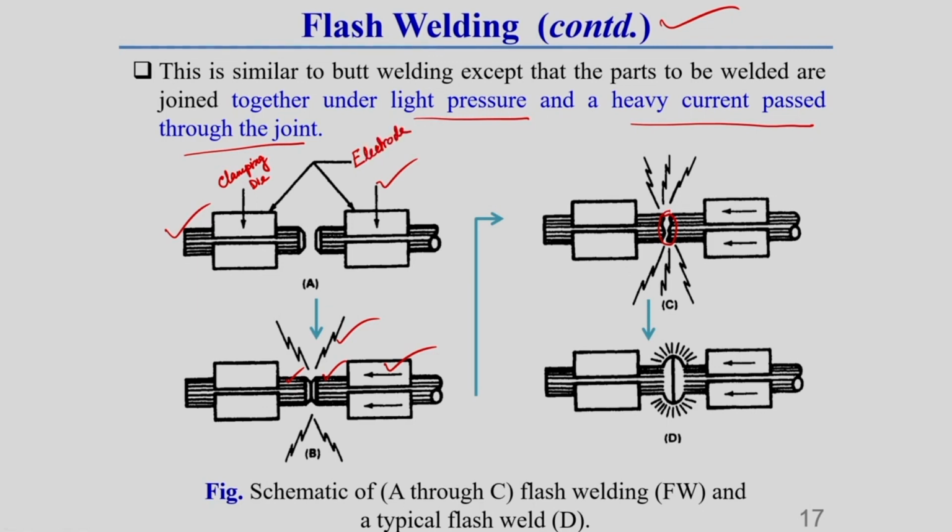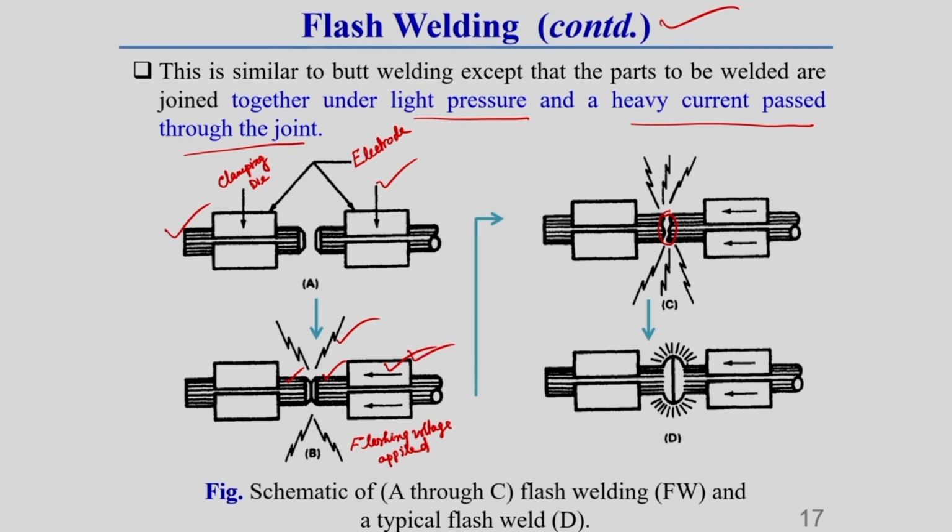Now, at this location flashing voltage is applied. This is the second step which I am showing here. Flashing voltage is applied here, and here the parent metal of one workpiece starts in motion.